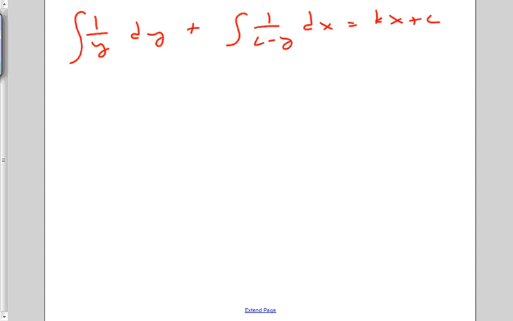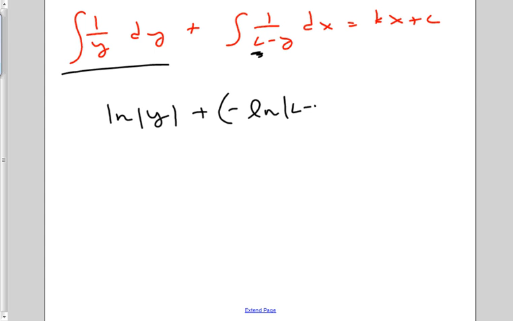So this is going to become ln of y plus 1 over L minus y. We need to remember that L is a constant, so this will be plus negative ln of L minus y. That equals kx plus c.